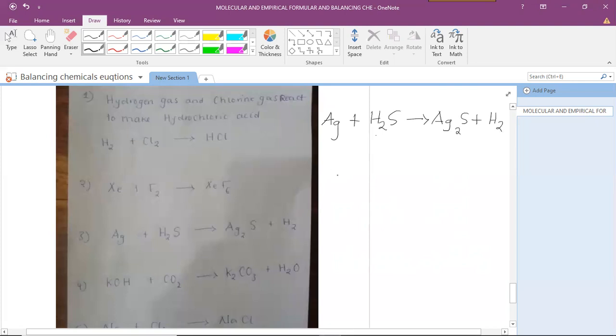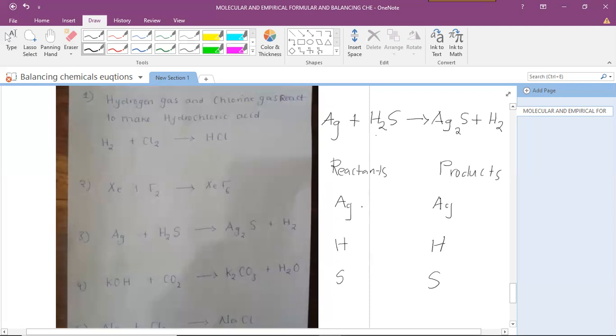We say reactants, products. Then we put our individual elements without the numbers: silver, hydrogen, and sulfur. The exact same thing has to appear on the other side, on the products: silver, hydrogen, and sulfur.